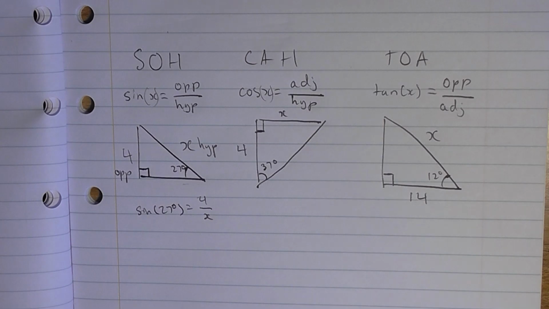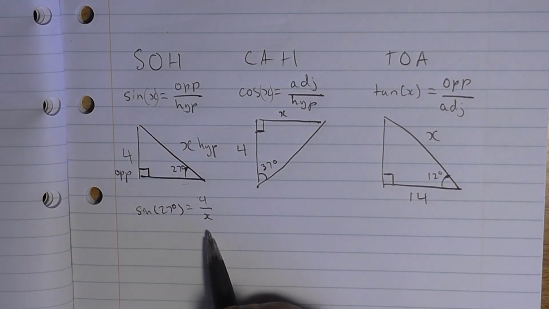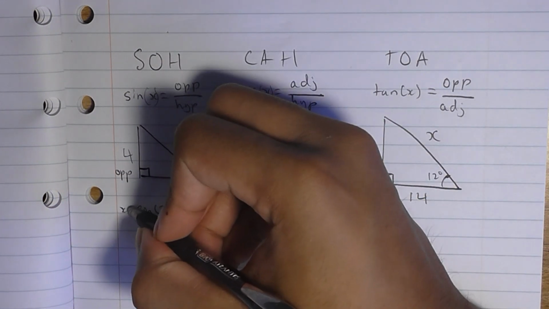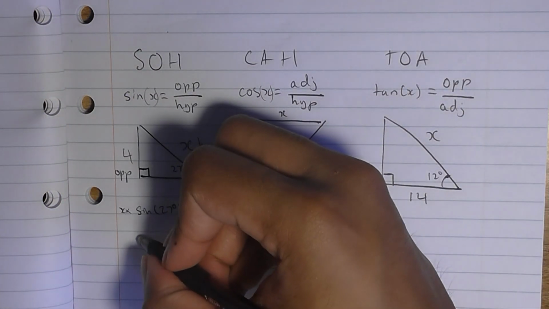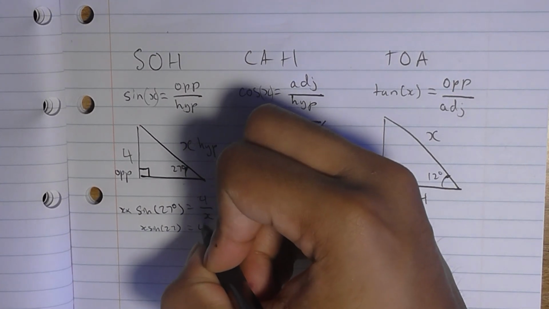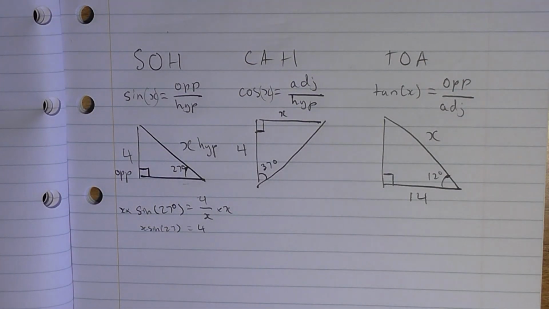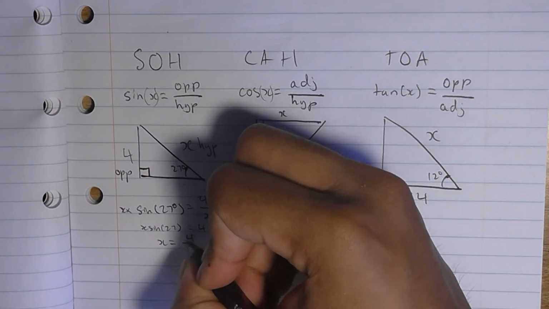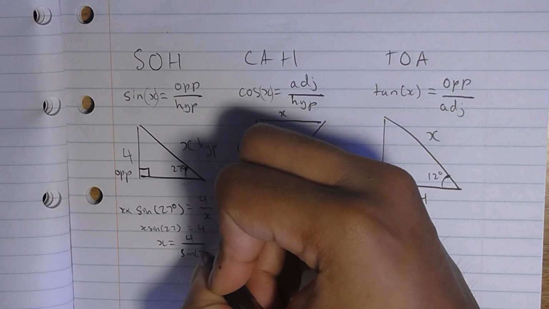Now we're going to rearrange this equation in terms of x. I'm going to multiply both sides by x. That leaves me with x sine of 27 equals 4. And now I'm going to divide both sides by sine 27, which leaves me with x equals 4 over sine 27.